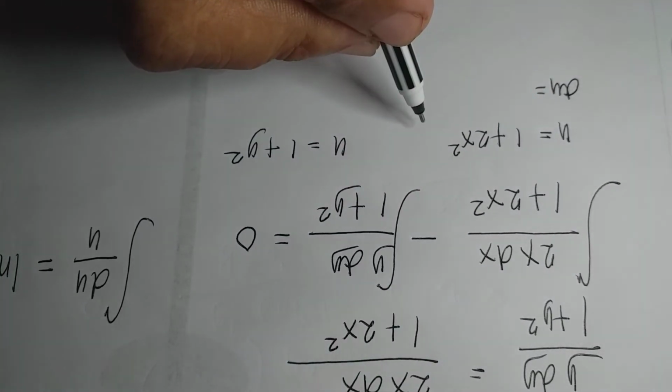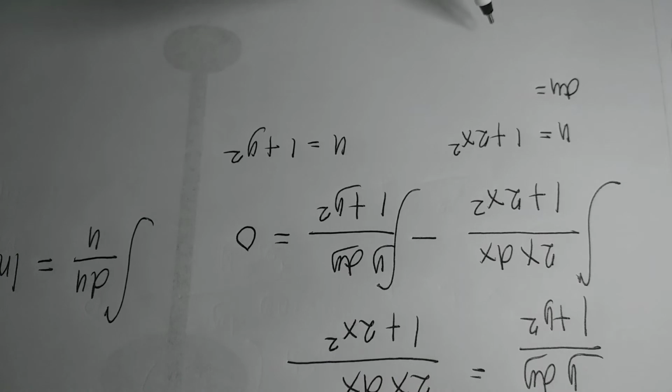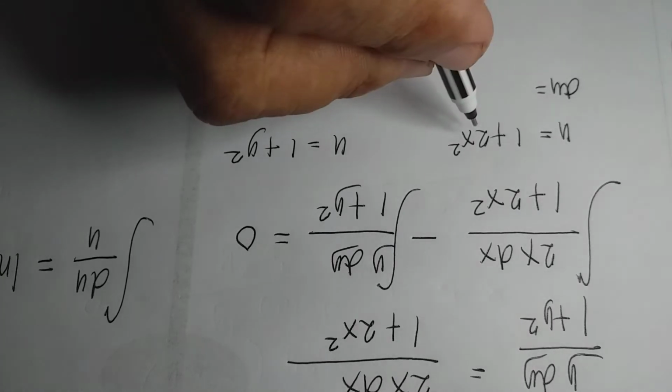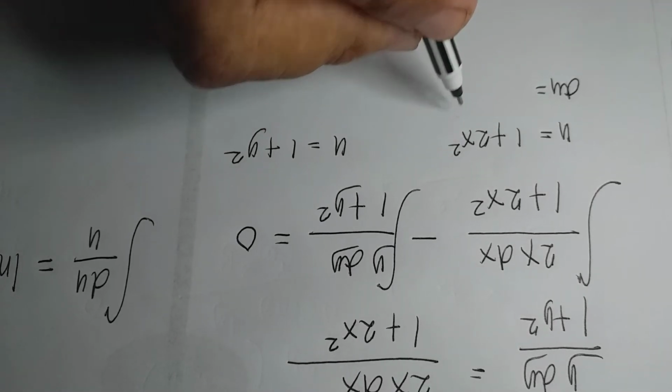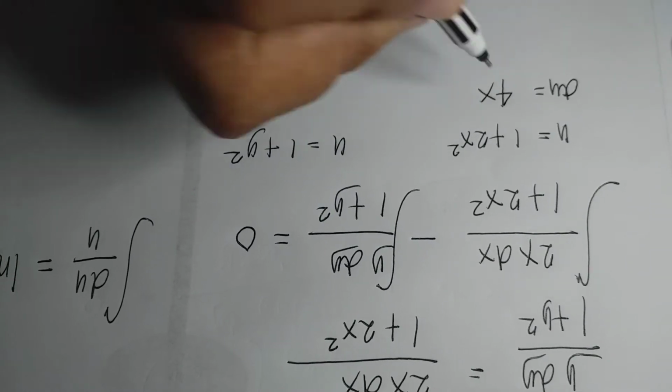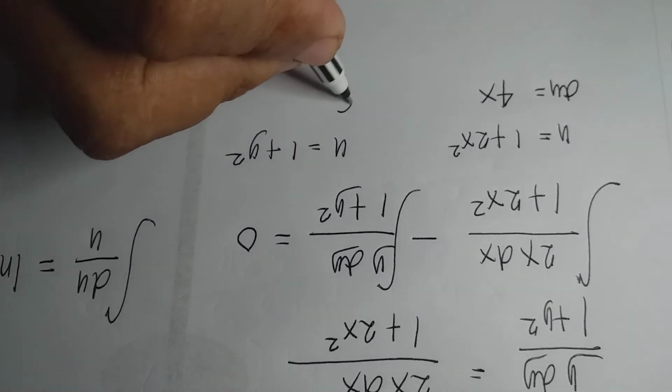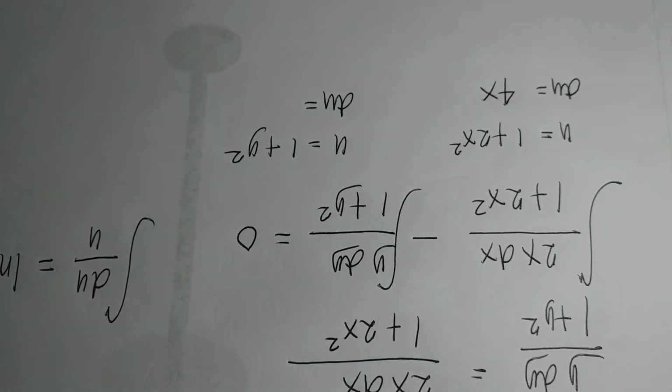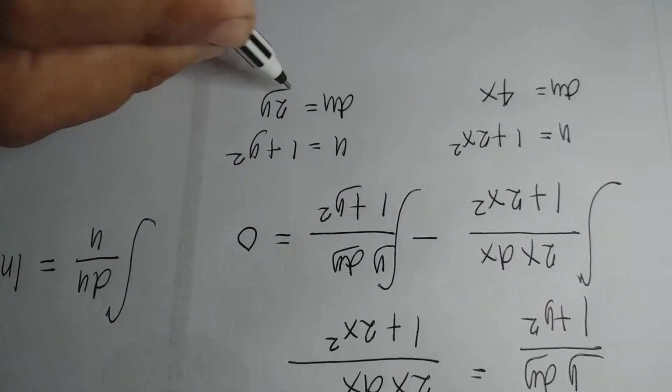If our u is 1 plus 2x squared, what will be our du? The differential of 1 plus 2x squared: the differential of a constant is 0, and the differential of 2x squared is 4x. In here, your u is 1 plus y squared, and your du, therefore, is 2y.